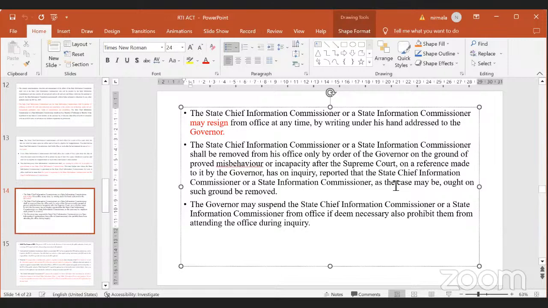The State Chief Information Commissioner or a State Information Commissioner shall be removed from his office only by the order of the governor of the concerned state. The governor also has a right to suspend the State Chief Information Commissioner or State Information Commissioner from his office if it is necessary, and may also prohibit them from attending the office during an inquiry against them.